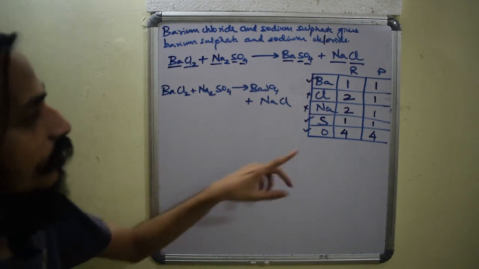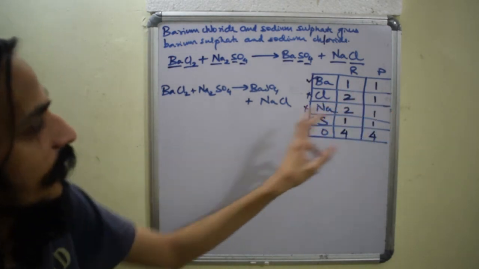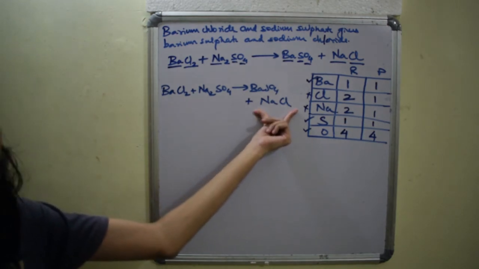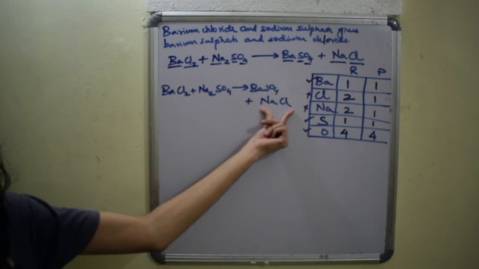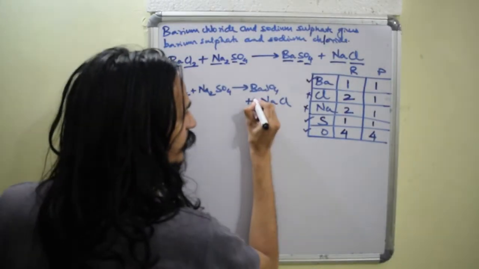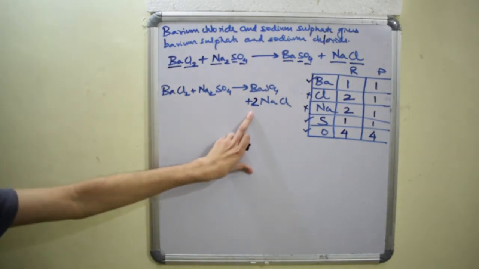Now I know that I want sodium and chlorine on the right side to be multiplied with 2. Luckily both of them are in the same compound, the one called NaCl. So what I'll do, I will write a small 2 in front of NaCl.